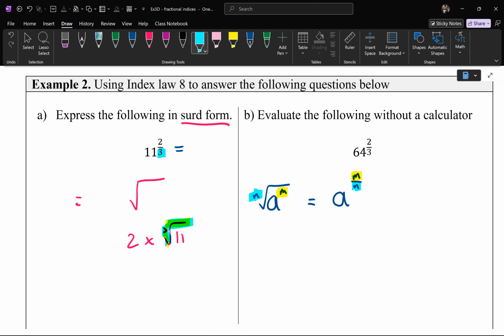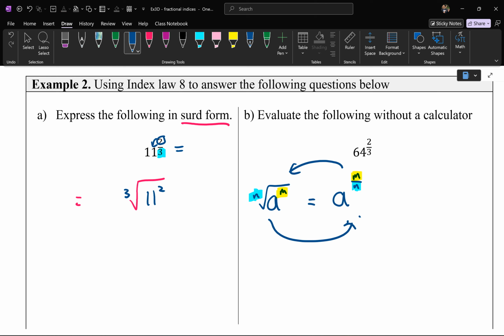Toby was right to say it's 3rd root. But remember, this is a square. That 2 belongs to the base of 11. So that should be right here rather than the outside. Okay, so not the 2 on the outside, but it should have been cube root of 11 squared. Okay, so that's working backwards now. We're going from this to that, indices to surds. Let's try the next one.